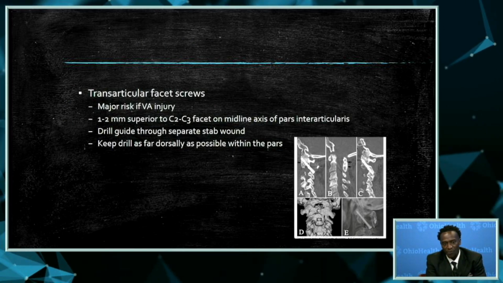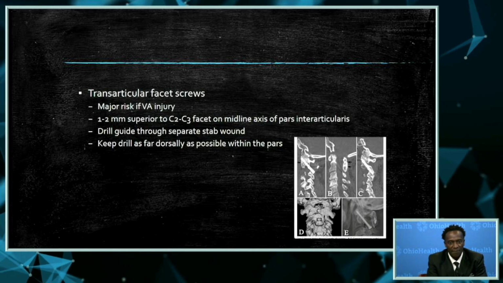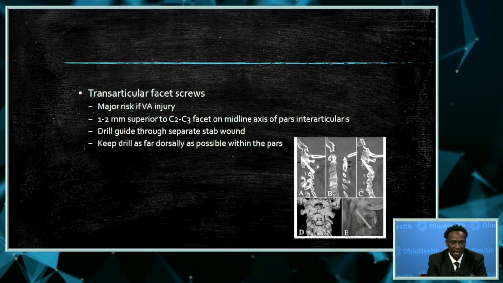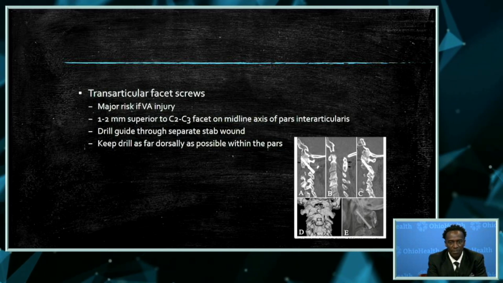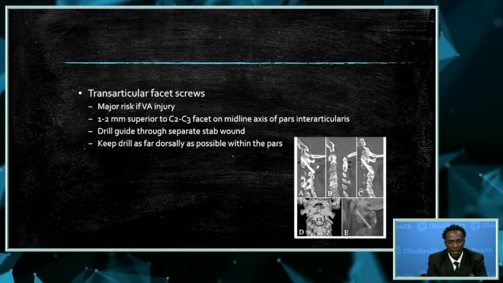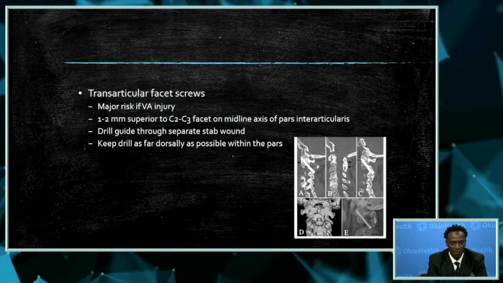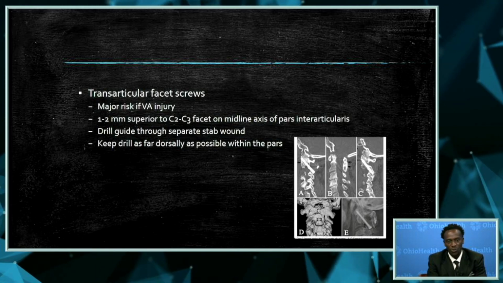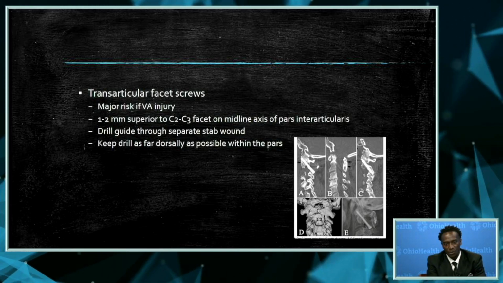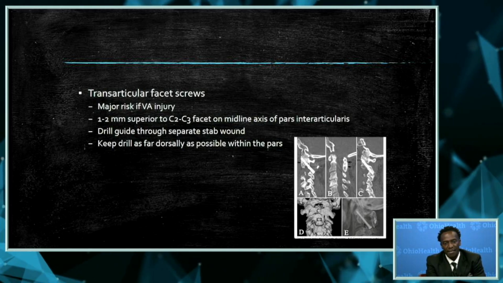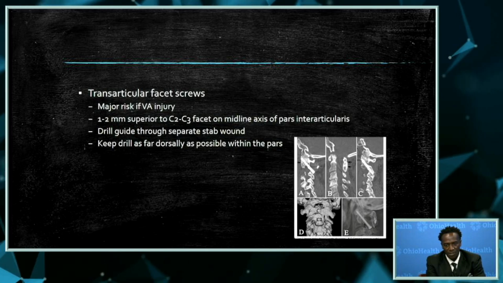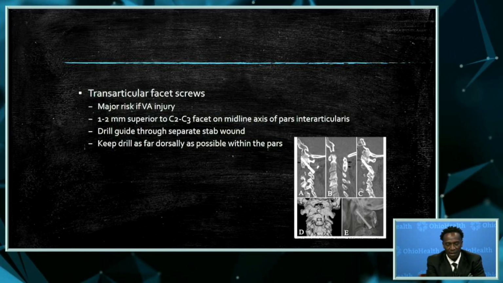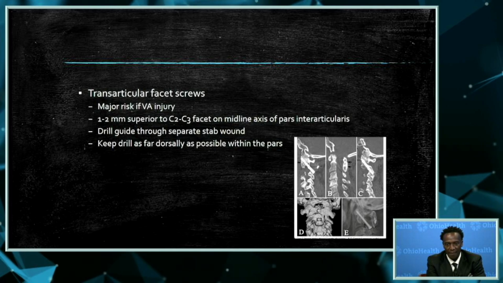So now, if you're going to do a transarticular facet screw, again, the major risk is vascular injury. You want to start 1 to 2 millimeters superior to the C2-3 facet on the midline axis of the pars, and then you use a drill guide through a separate incision, and keep the drill as far dorsally as possible within the pars, and then put the screw through the same path.